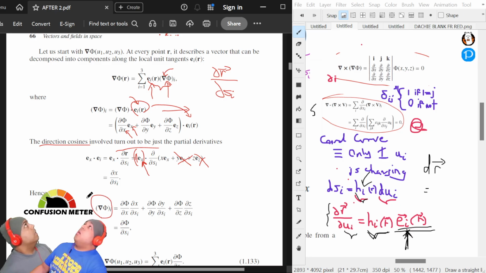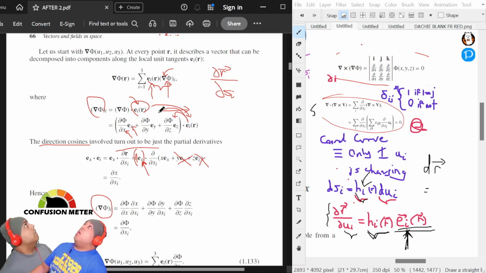Hence the i-th component of this equals del phi del x, del phi del y, del phi del z.